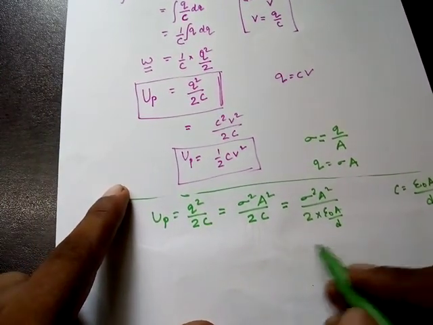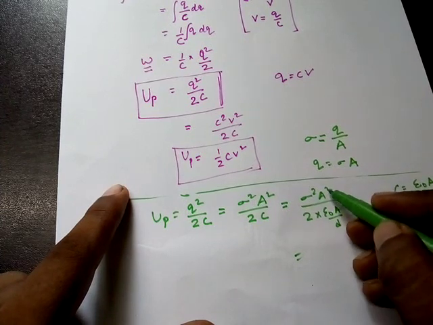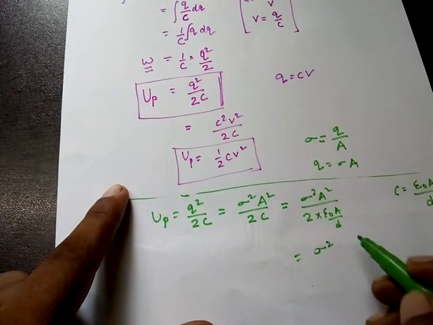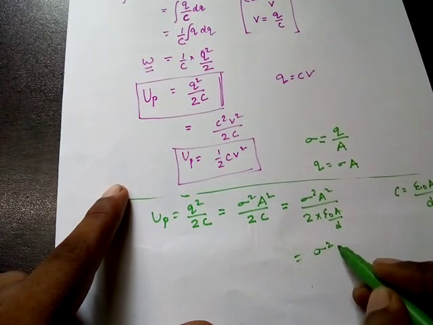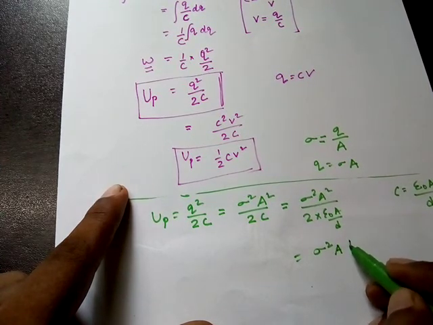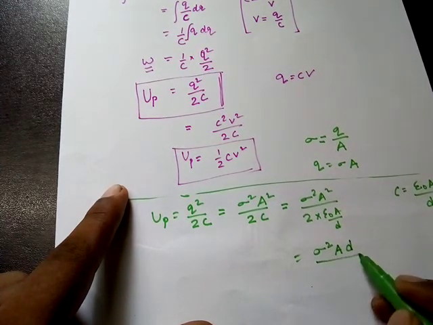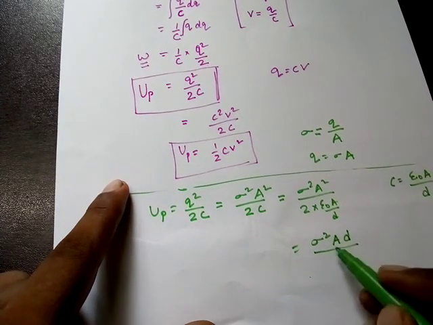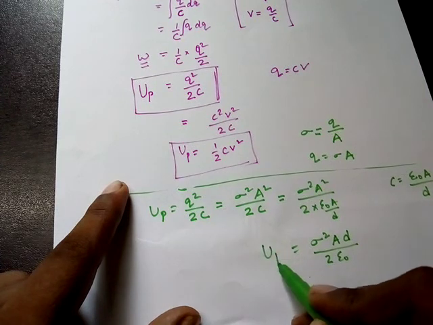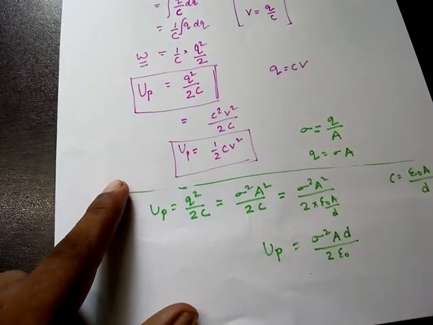Here A square over A leaves A in the numerator, and d also goes in the numerator, so we get sigma square A d divided by 2 epsilon naught. This is the expression of the potential energy.